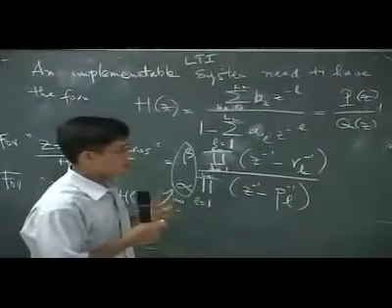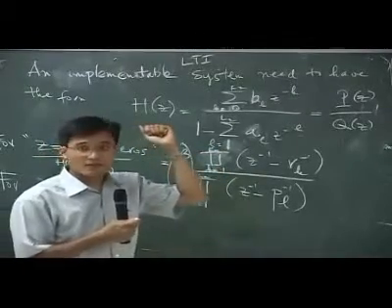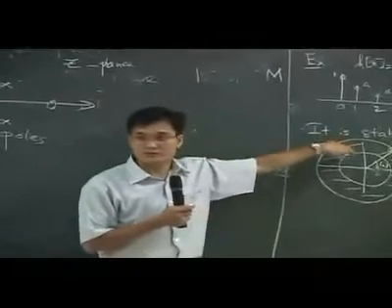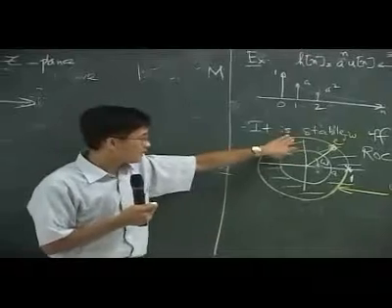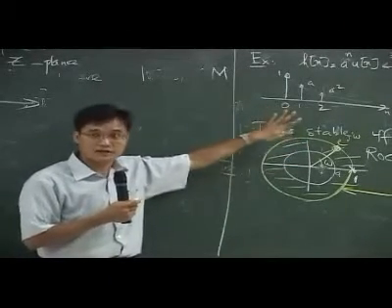Now, the poles are really the place where the thing blows up. So can the poles be inside the region of convergence? No. By definition, in the region of convergence, the thing has to converge and give you a finite number.